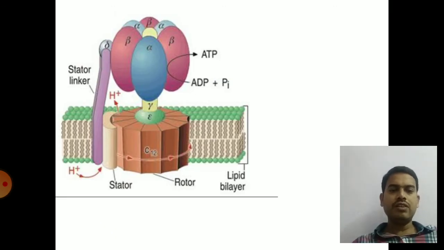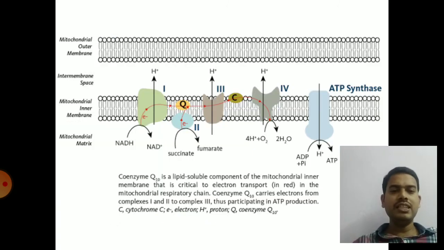So this is the structure of ATP synthase, which is also called the molecular turbine, complex 5, that is present in the inner mitochondrial membrane. In the previous slide you have clearly seen its head is facing towards the mitochondrial matrix, whereas its tail is facing towards the intermembrane space.